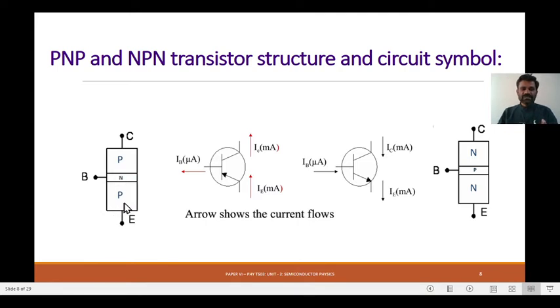Here this P region is considered to be the emitter, which is heavily doped. The doping concentration of trivalent impurities like indium or gallium or aluminum added to the emitter is very large. Maybe 10 power 18 aluminum atoms in pure silicon material which can form a P type semiconductor.